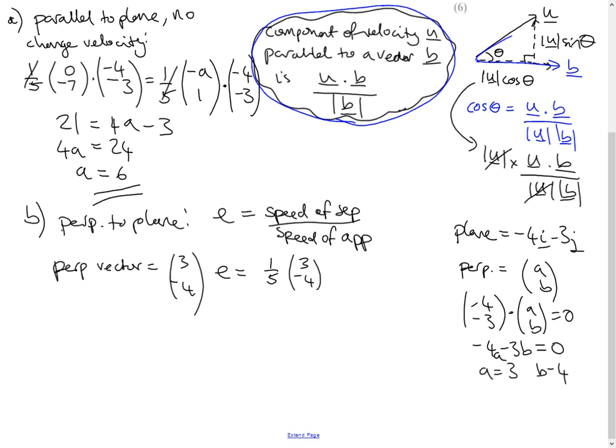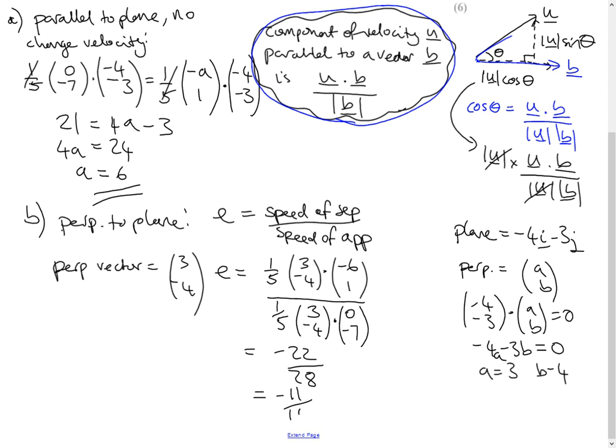So there's my perpendicular vector with my speed of separation, which is my final velocity, which was -6i + j, over my speed of approach, which is going to be a fifth, the perpendicular vector, times the velocity vector for approach. And that actually, in this case, gives me -11/14.